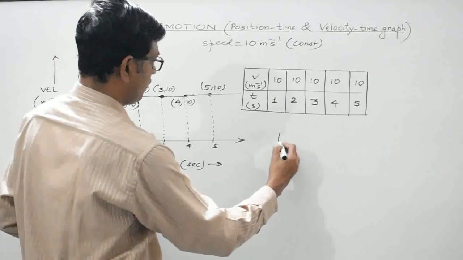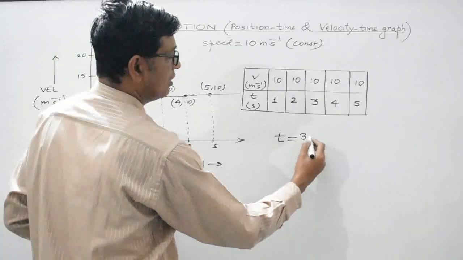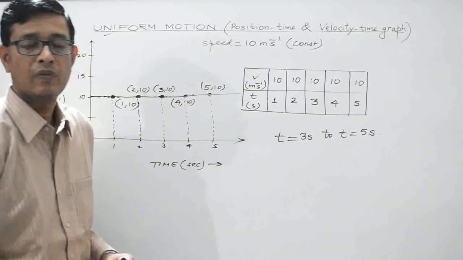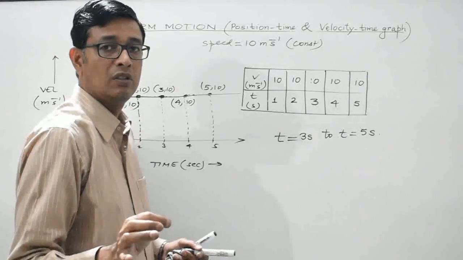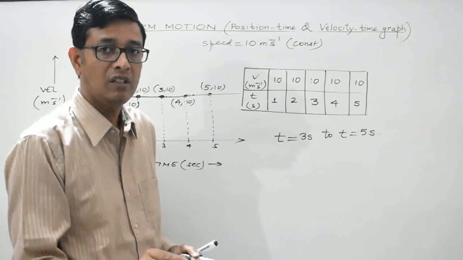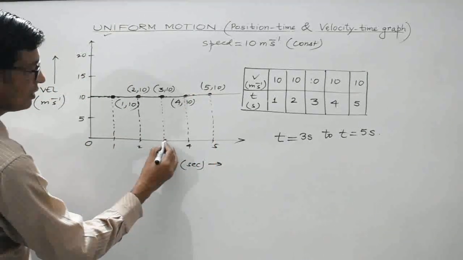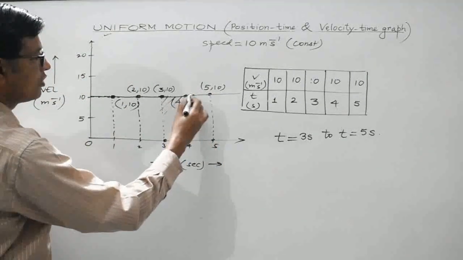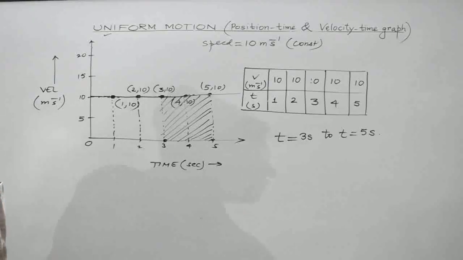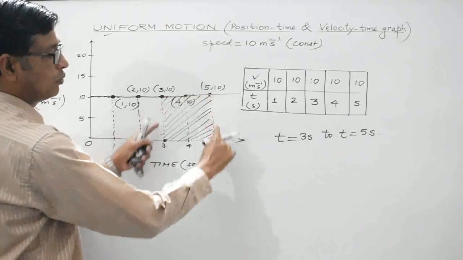Suppose we are asked to find the distance or displacement covered by the body during the interval t equals 3 seconds to t equals 5 seconds. So this is t equals 3 seconds, this is t equals 5 seconds. So what to do is shade this portion. The area of this portion will give you the distance covered by the body.